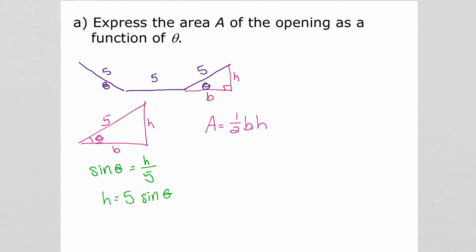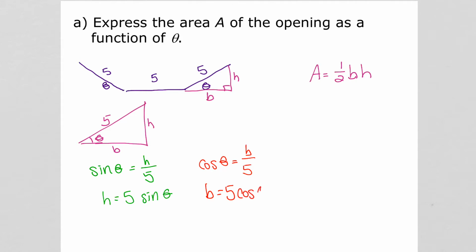Well, what could we use for B? How can we find B? B is the adjacent, so we can use cosine. Adjacent over hypotenuse, so B would be 5 times the cosine of theta.